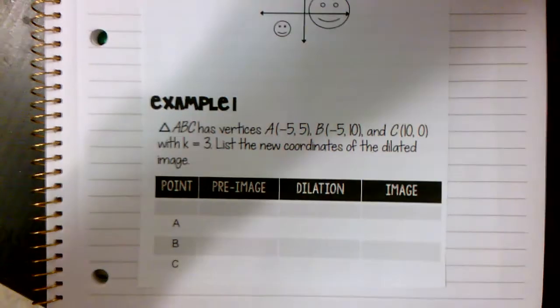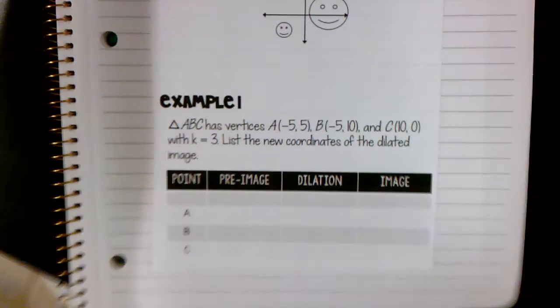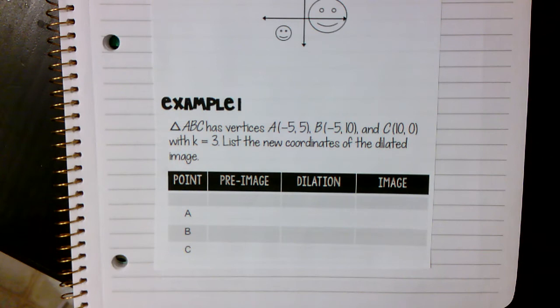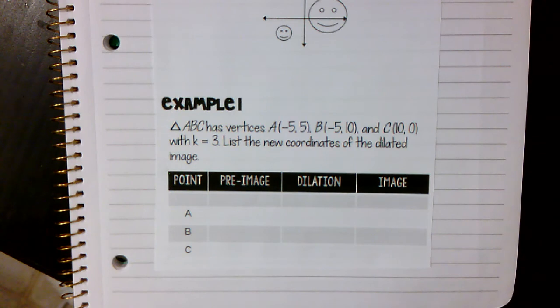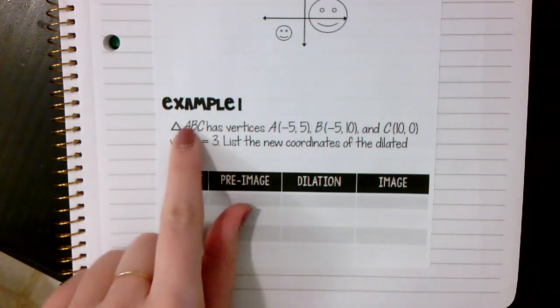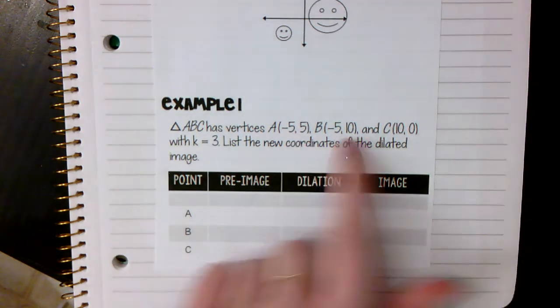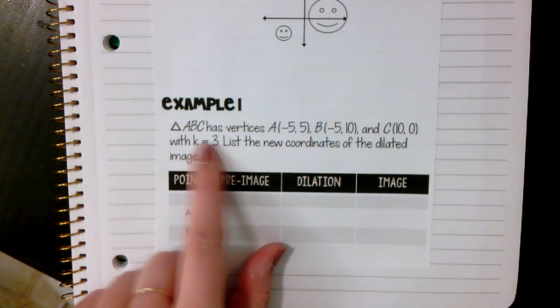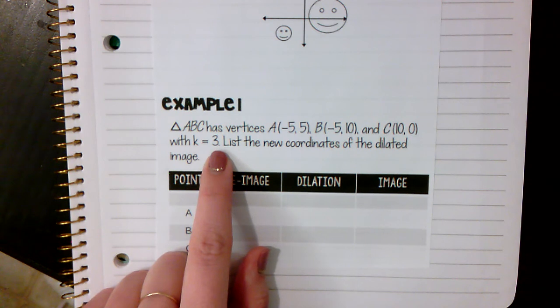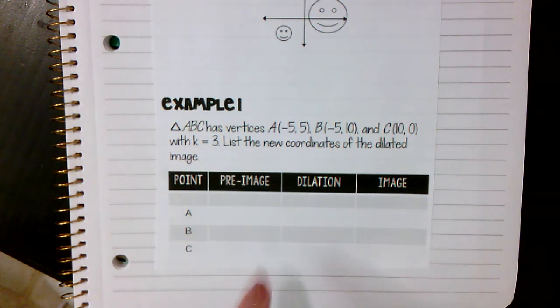So our first example. It tells us that triangle ABC has vertices at these points, and your vertices are just your corners, the outside points of our triangle. These are the ordered pairs, the coordinates of A, B, and C, and we have a scale factor of 3. Since this is a positive 3, I'm going to be multiplying by a positive 3.